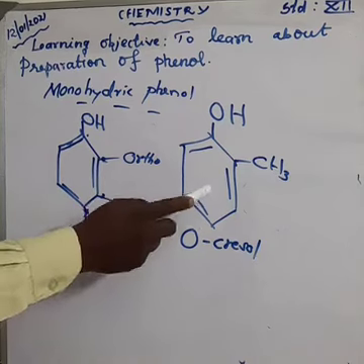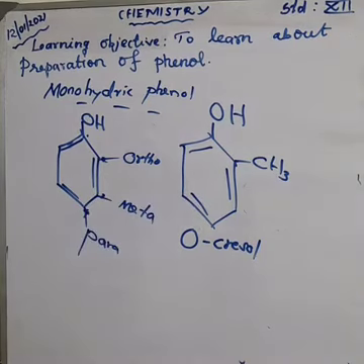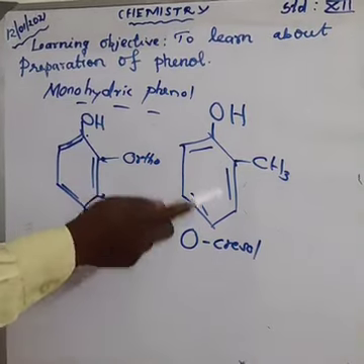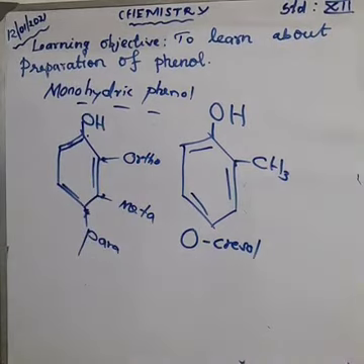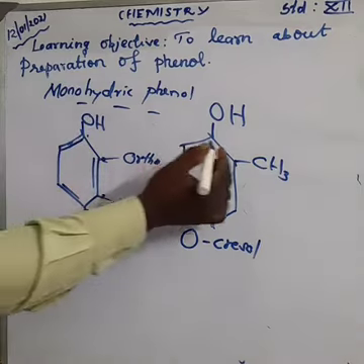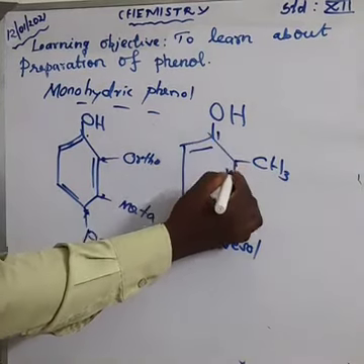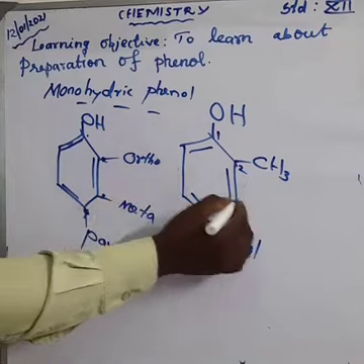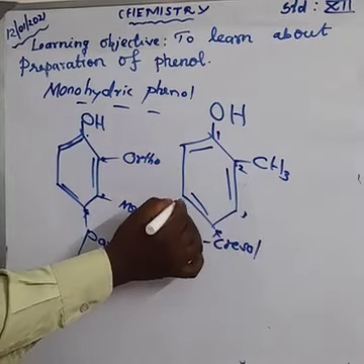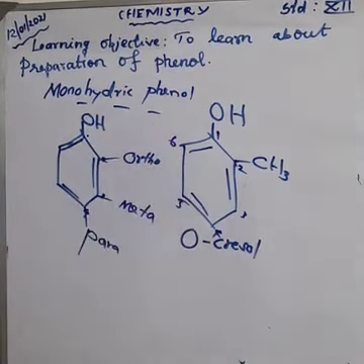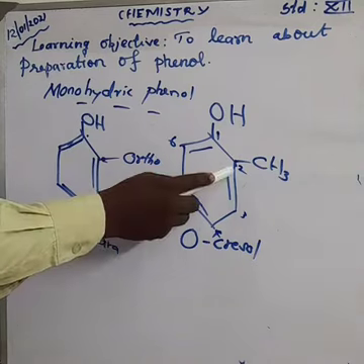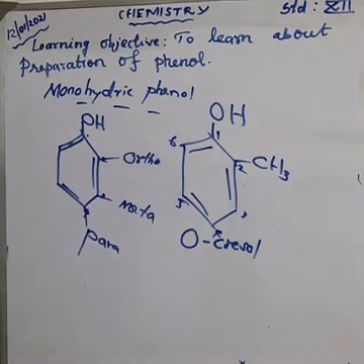Here, we should say the IUPAC name for orthocresol. What is the IUPAC name? Okay, we give the number. Start with the functional group OH as number 1, 2, 3, 4, 5, 6. Here, the second carbon having a methyl group.